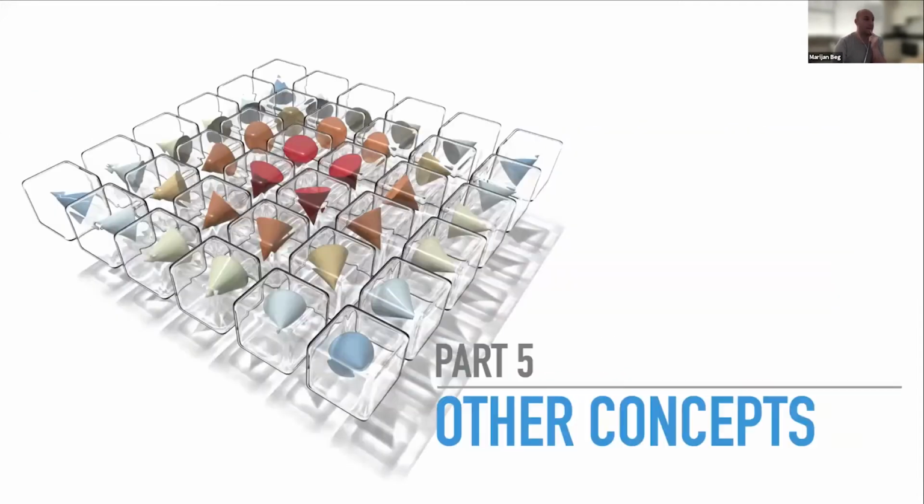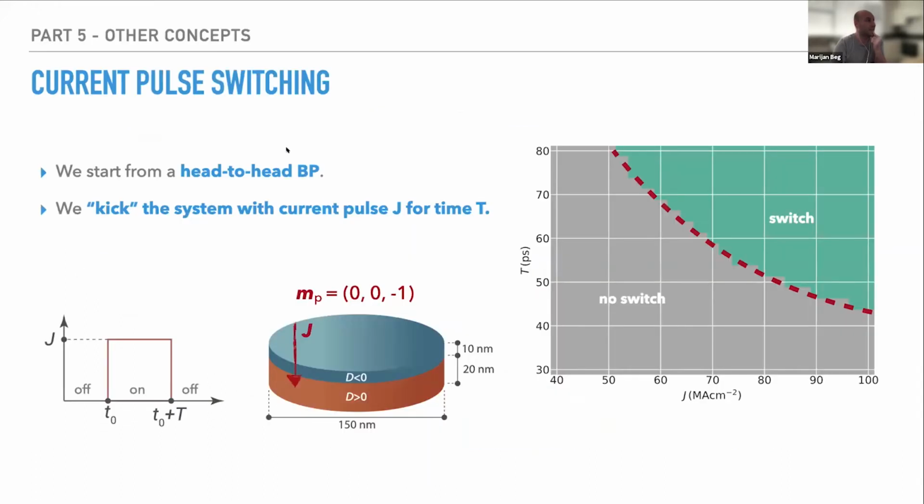Now, I'll quickly show other concepts, such as using current pulses to switch. Similar story, but now instead of an external magnetic field, we use spin polarized currents. Again, we can find regions where either the current density is strong enough or the pulse duration is long enough so that we can make a switch. Here, the spin polarized current is polarized in the negative z direction.